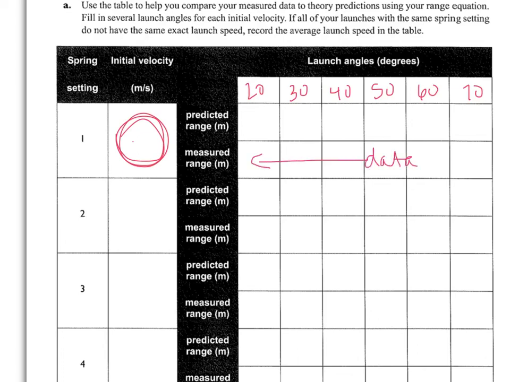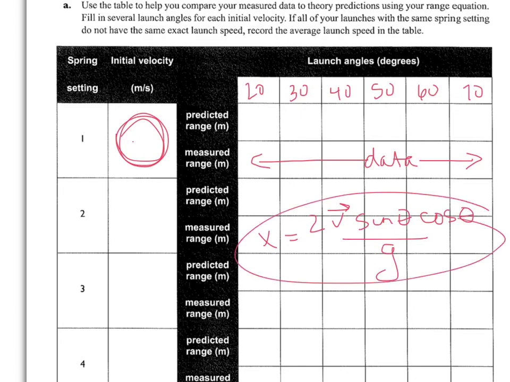It gets transferred from the previous page. The top row is your predicted range using that equation that we just figured out, the one that said x equals 2 V arrow sine theta cosine theta over g. Using that equation, you predict the values that go right up in these spots. Okay? And you should be fairly close to your measured range. It's not perfect, but it should be close.